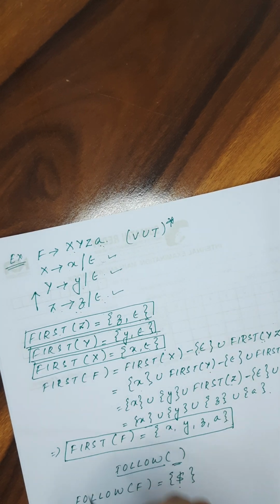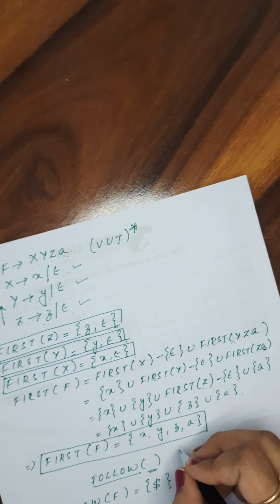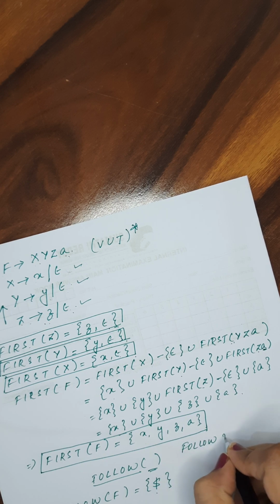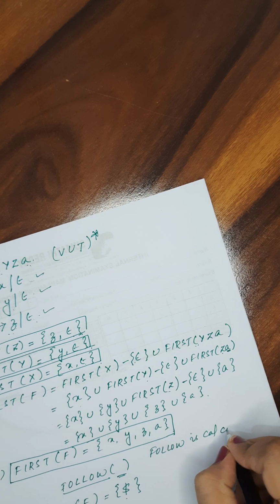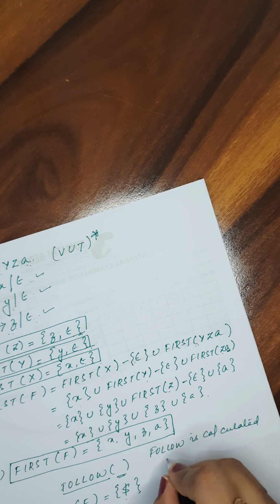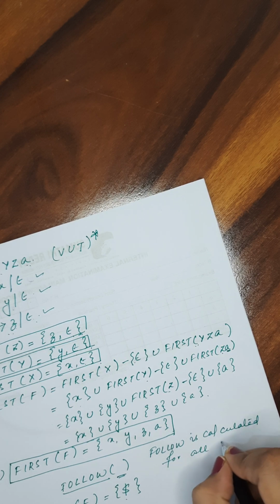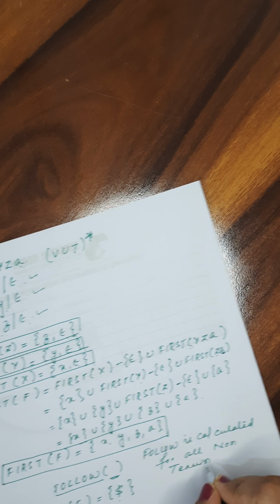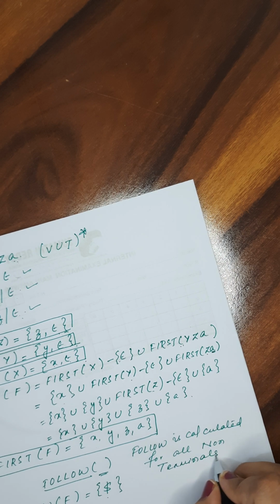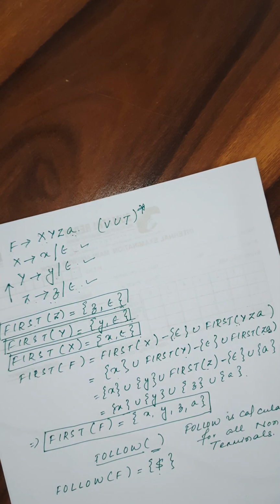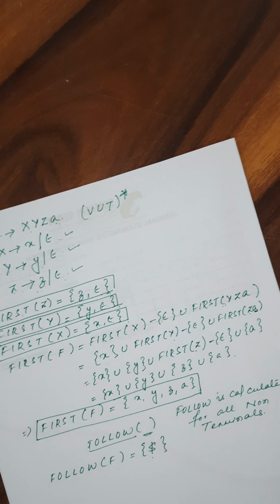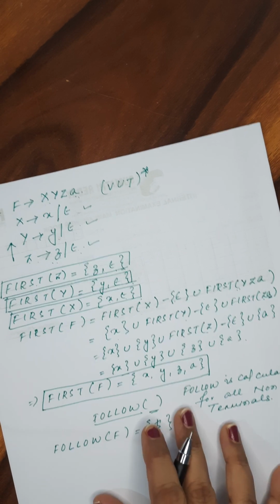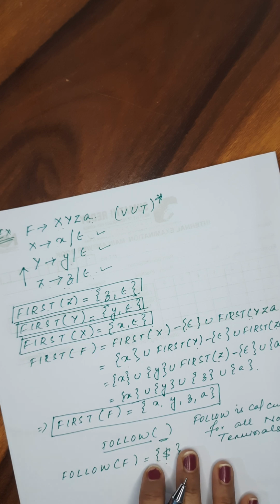Second, remember this: follow is calculated for all non-terminals. Follow is calculated for all non-terminals. Now, see what to do. Now, I will take this production. You have to check this very carefully.